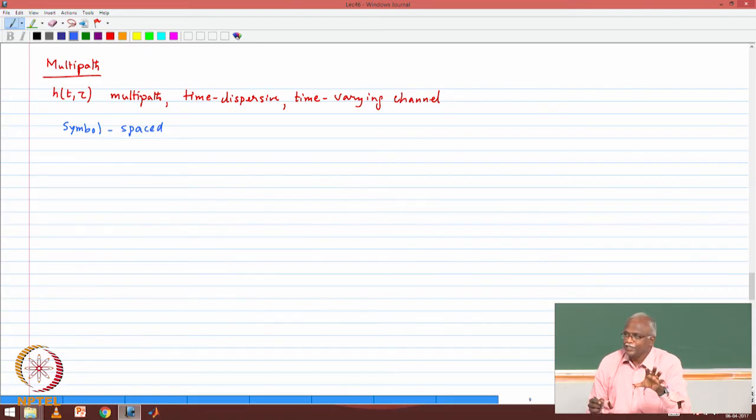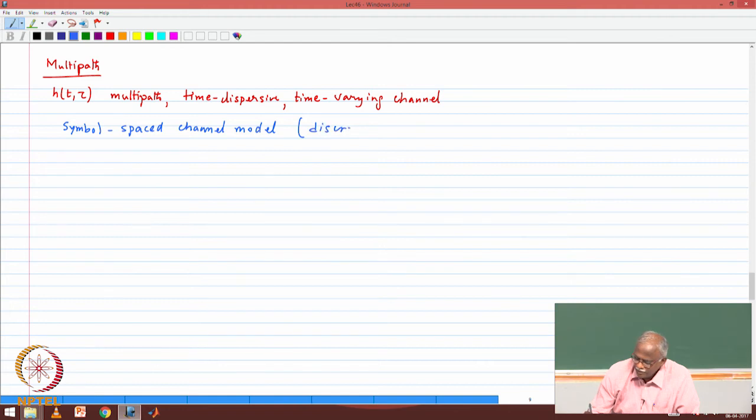So you can represent it in terms of a discrete time channel model, a symbol spaced channel model. You can represent your channel as some digital filter.